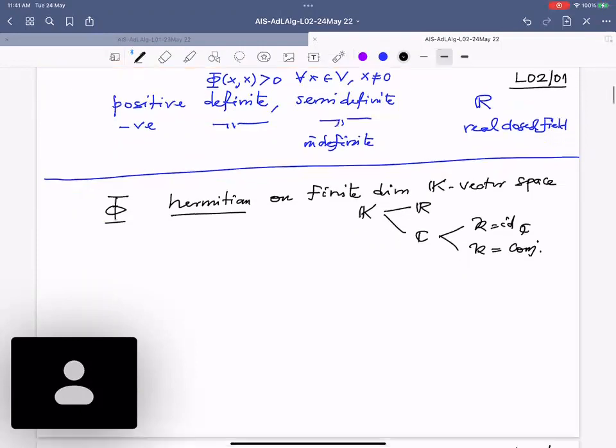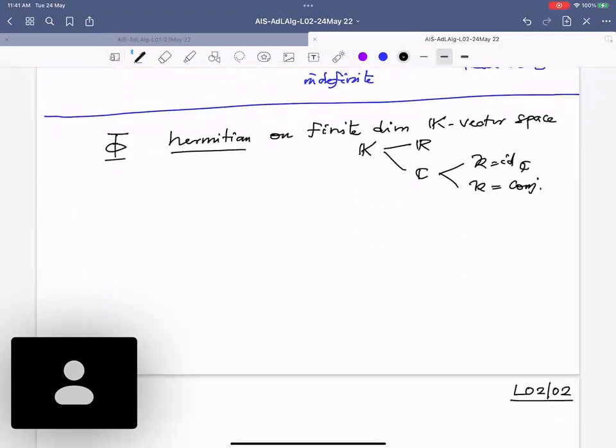So, all right. Now, what do I want to do? To this phi, I want to attach a pair of integers, p comma q, where p and q are actually natural numbers.